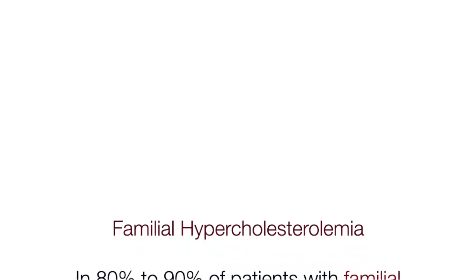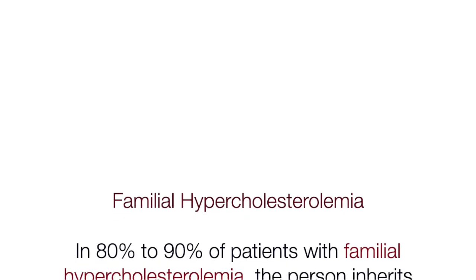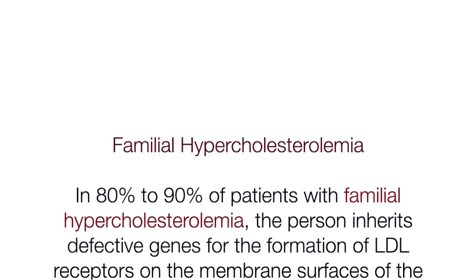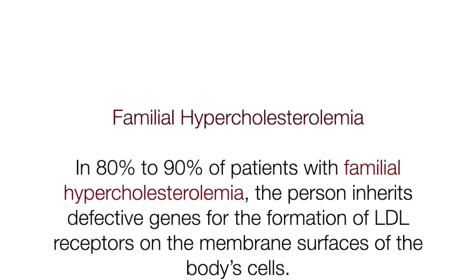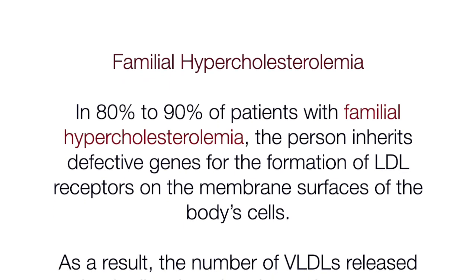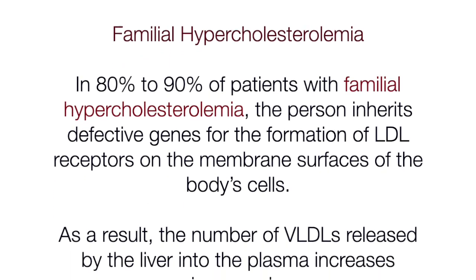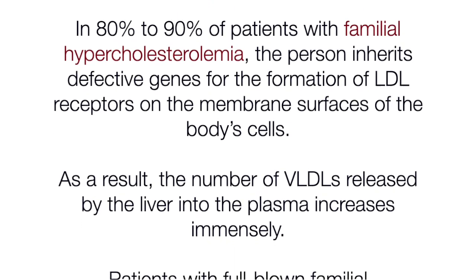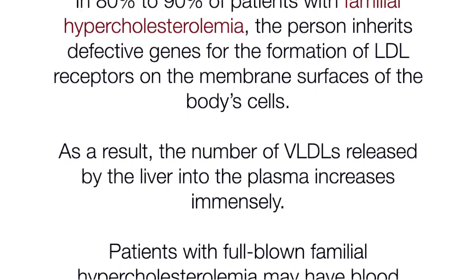Familial hypercholesterolemia. In 80 to 90% of patients with familial hypercholesterolemia, the person inherits defective genes for the formation of LDL receptors on the membrane surfaces of the body cells. As a result, the number of VLDLs released by the liver into the plasma increases immensely.